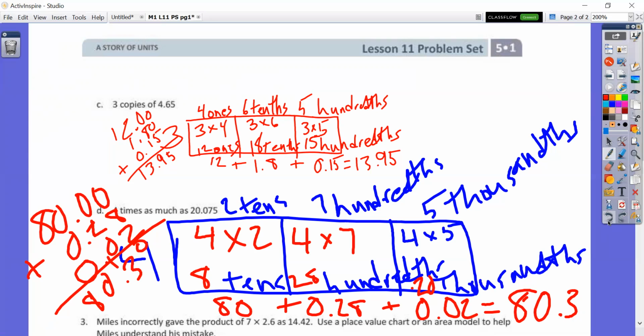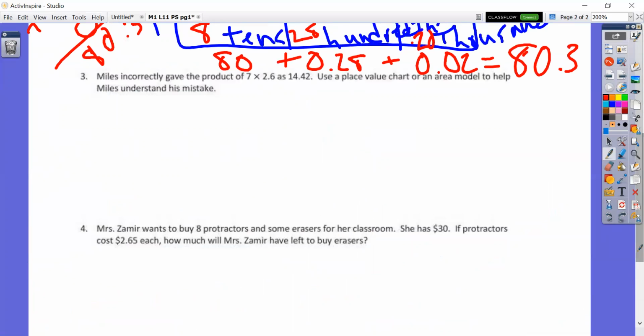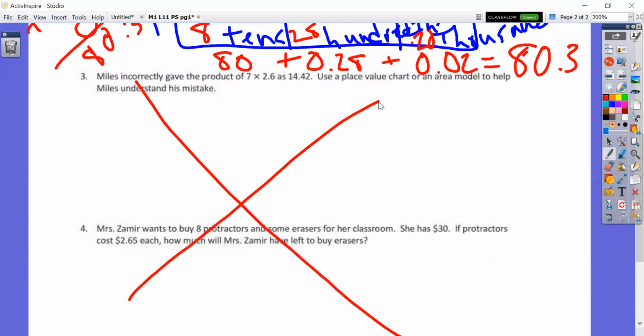You do not need to do 3 and 4 today, but trust me, we're making sure that your skills in decimals are strong. So we haven't been doing many word problems, but there's going to come a time where Mr. Briggs and you guys are going to be working a lot of word problems. It's very important to be able to read a little math story and understand it.